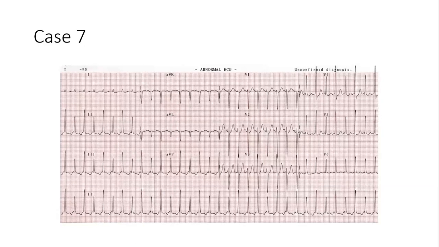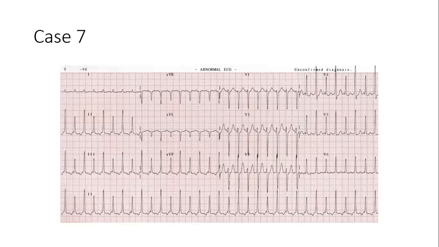So synchronized cardioversion is you depolarizing the heart on the R wave, at the interval where the heart would be depolarizing on the R wave.